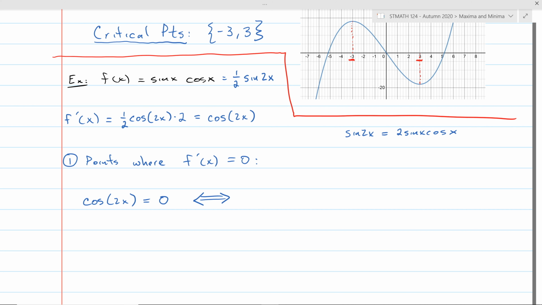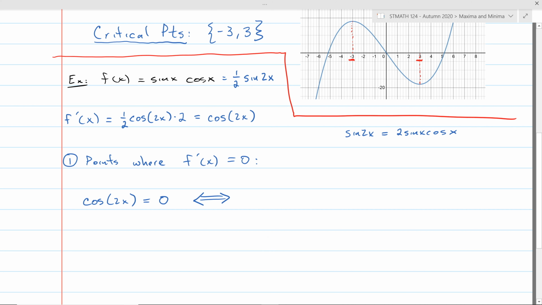Well, when I think about the unit circle, cosine is equal to 0 at the position of pi over 2, so kind of like 90 degrees, and also the angle that points straight down, 270 degrees, or 3 pi over 2. But then, cosine's a periodic function, so if you add 2 pi to either of those angles, you end up getting the same values of cosine. So we actually have infinitely many critical points here.